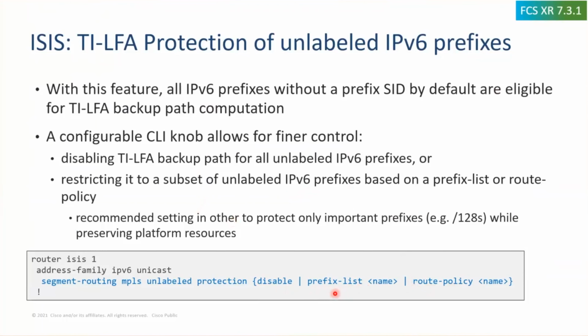We do recommend the use of these more granular statements, because then you can protect what's important, and therefore you're going to preserve resources only for those prefixes that you really care about.